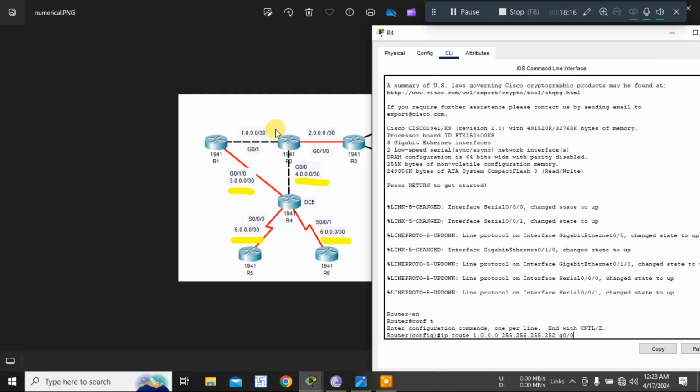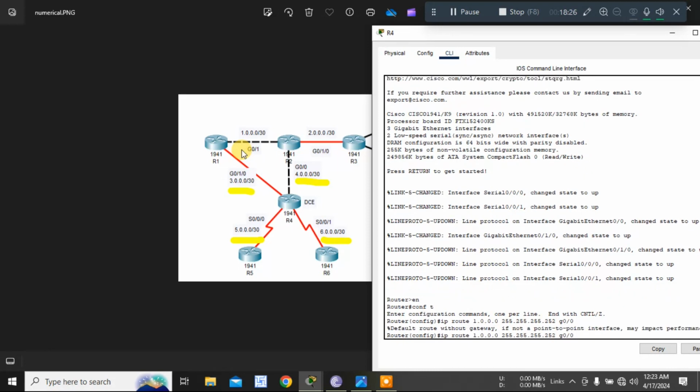So I have done this one via this route. Done. Next, IP route I will provide for 2 via the same route, that is gigabit 0/0.